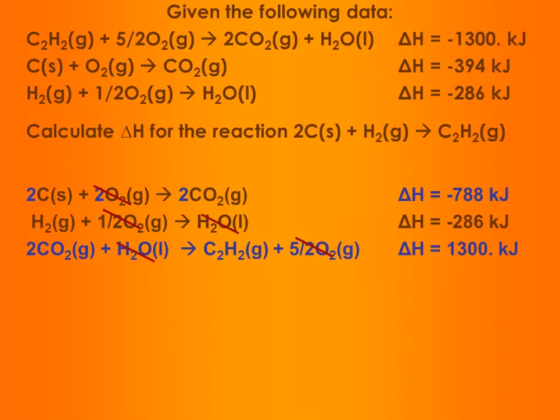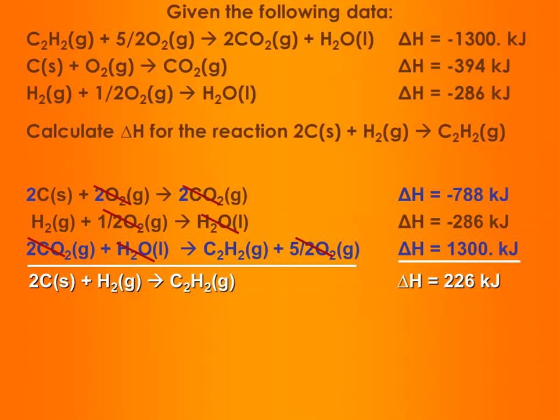I also see that that's going to happen with my liquid water molecules as well as my CO2 gaseous molecules. And so now I'm left with 2 carbons and 1 hydrogen forming C2H2. And I would add all 3 enthalpy values together to get the enthalpy of that particular reaction. 226 kilojoules of heat would be needed to generate 1 mole of ethine.